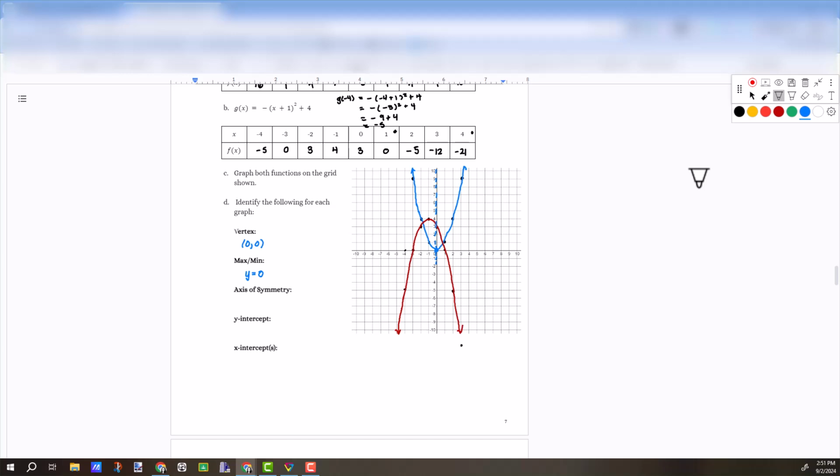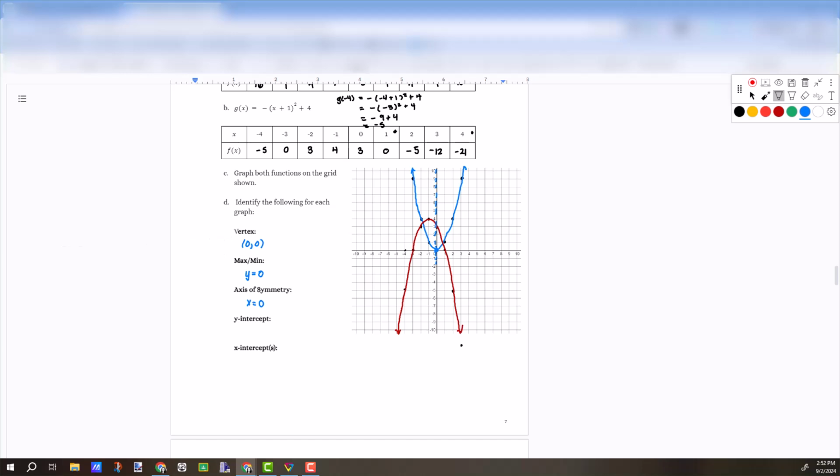It's actually on the y-axis. So in other words, this is x equals 0 because it goes through x equals 0. So note that while it is the y-axis, the equation of the y-axis is x equals 0.